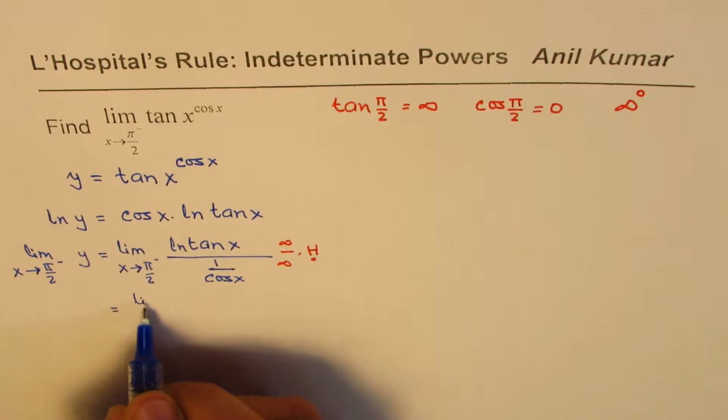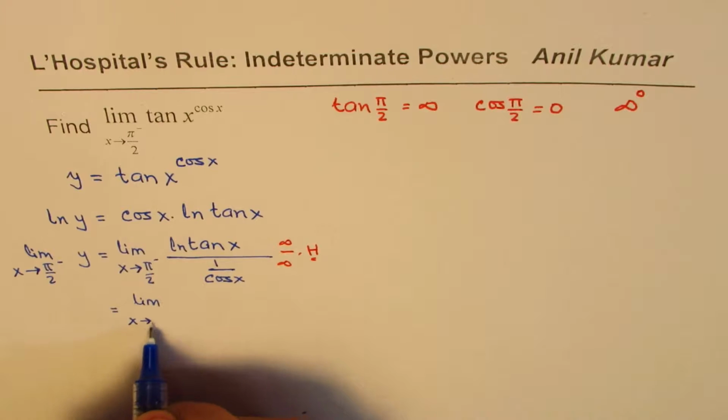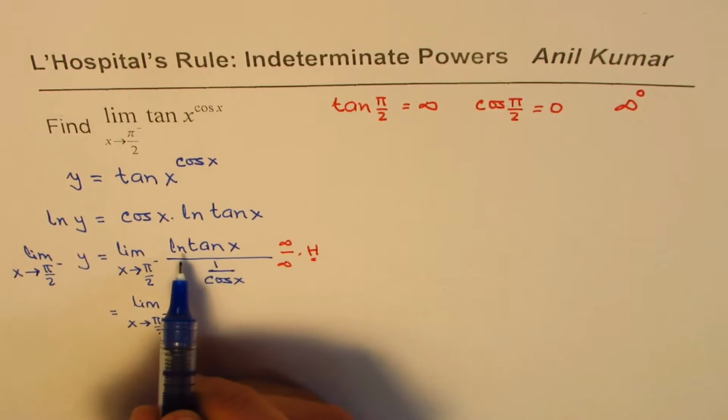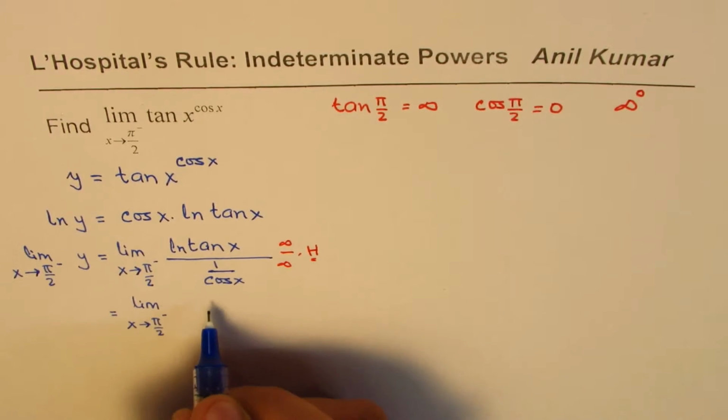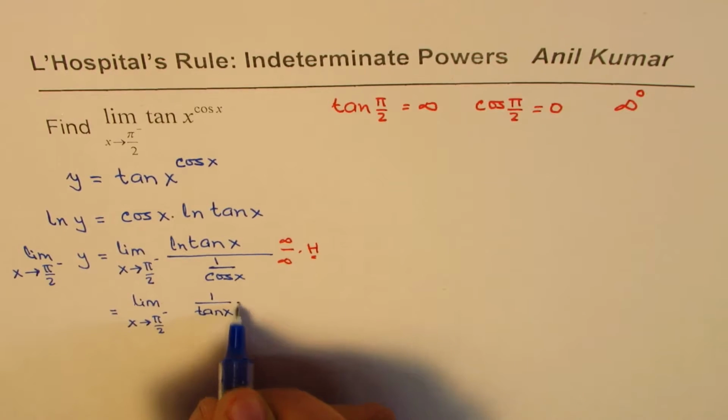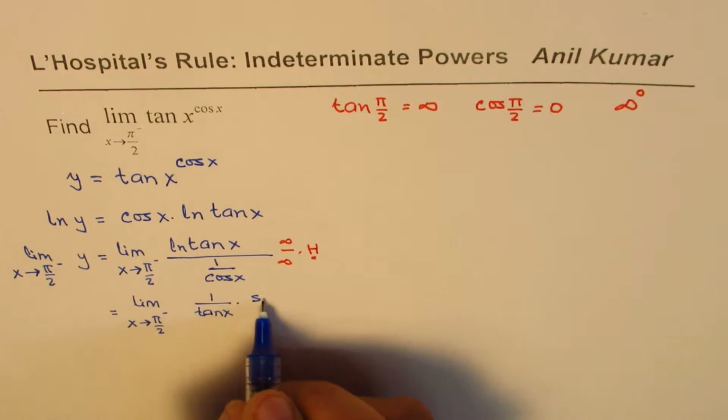So we get limit x approaches pi by 2 from left side. Derivative of ln tan x will be 1 over tan x times derivative of tan x, which is secant square x.